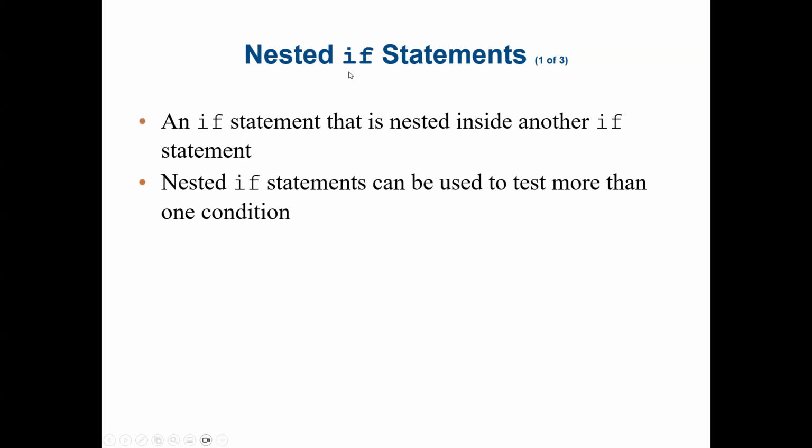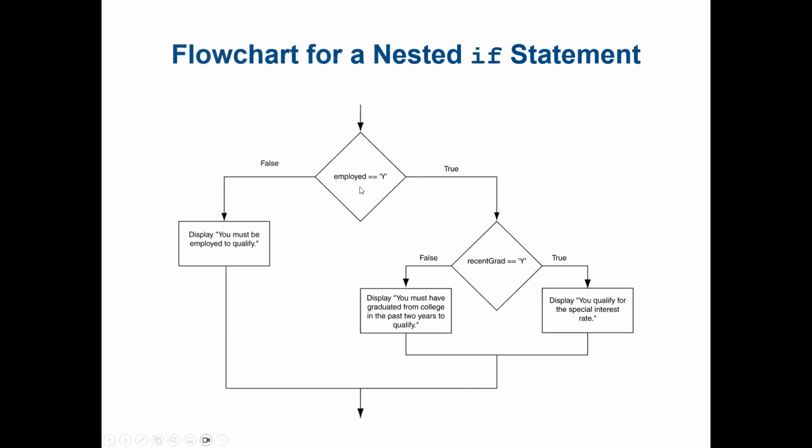Also, we can have what we call the nested if statement, an if statement that is nested inside another if statement. A nested if statement can be used to test more than one condition. We will see an example on the flowchart here.